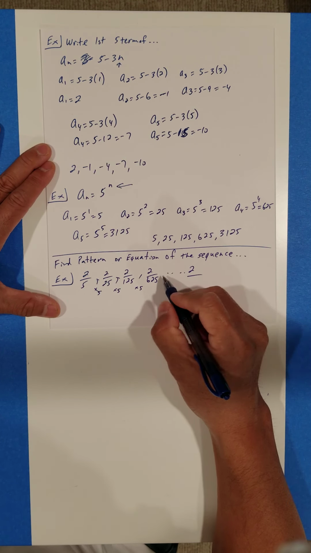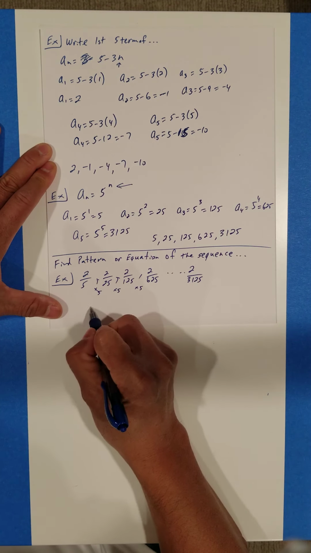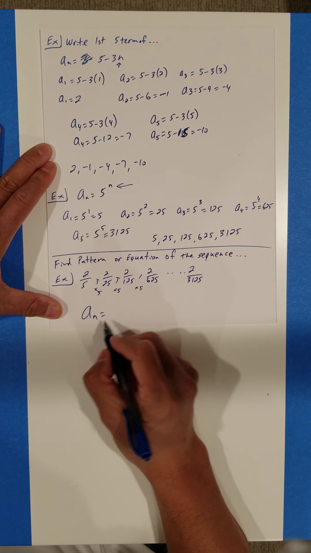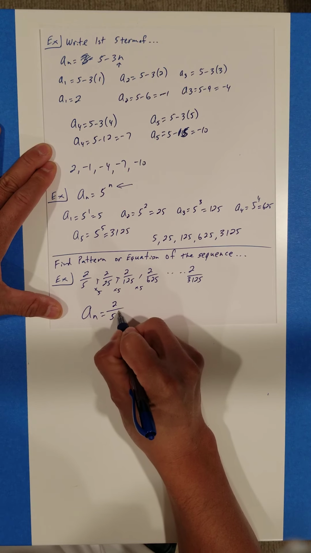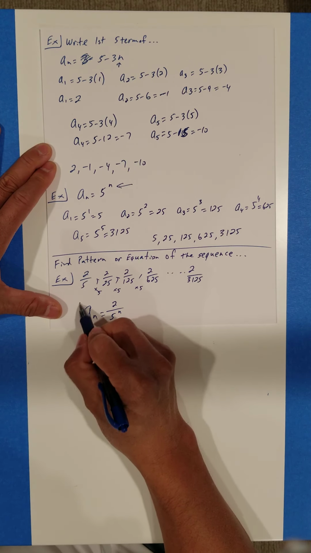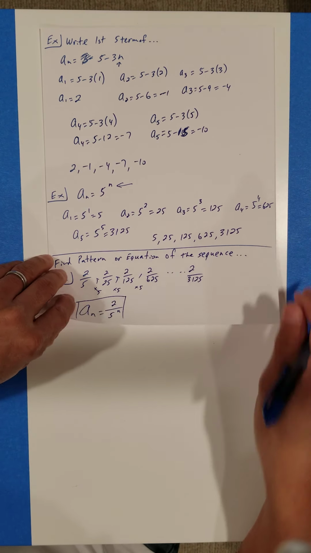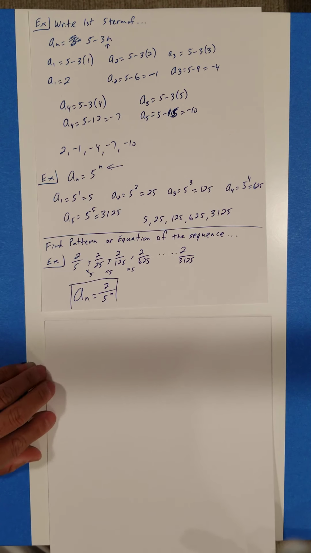My next number I'm going to guess is 3,125. So a sub n, the general pattern, that's what a sub n represents, is going to be 2 over 5 to the n power. That's how I found that. Depending on the pattern, you're going to have to be able to do that.